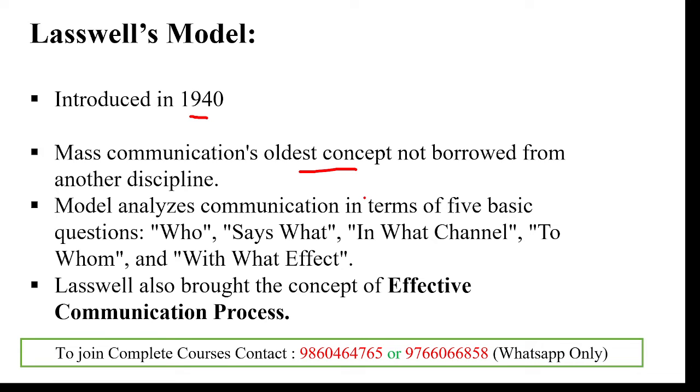Okay, so it's the oldest model of mass communication, and this model is related to five basic questions. In journalism, one who becomes a journalist should know about the five questions: what, which, where, how, and who.